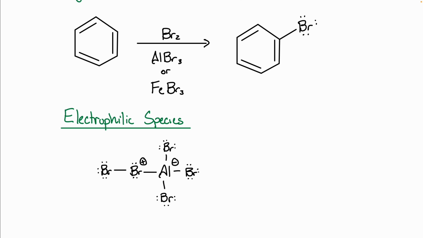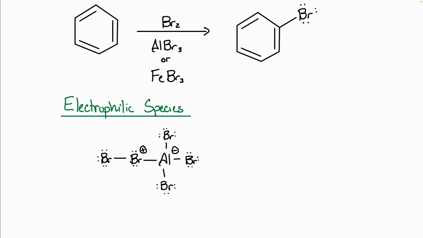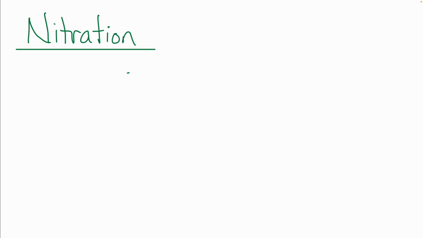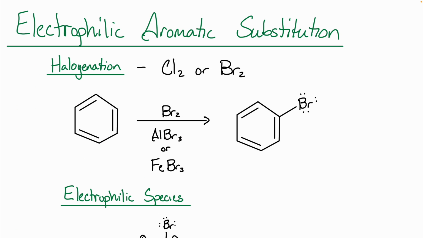All right, cool. So we can do our halogenation reaction. Our next one is what's called a nitration reaction. Again, we're going to start out with our benzene ring.